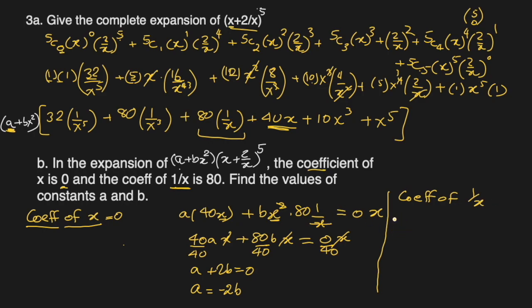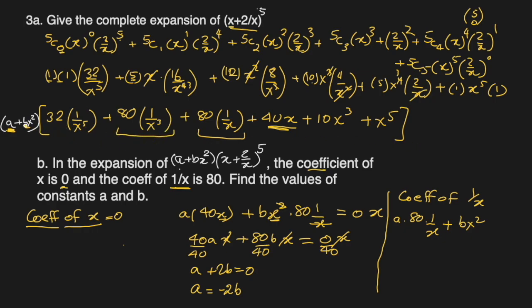So a multiplied by 80 over x, 80a over x, plus bx squared, which is the second term. What does it multiply with so that it gives 1 over x? This one.